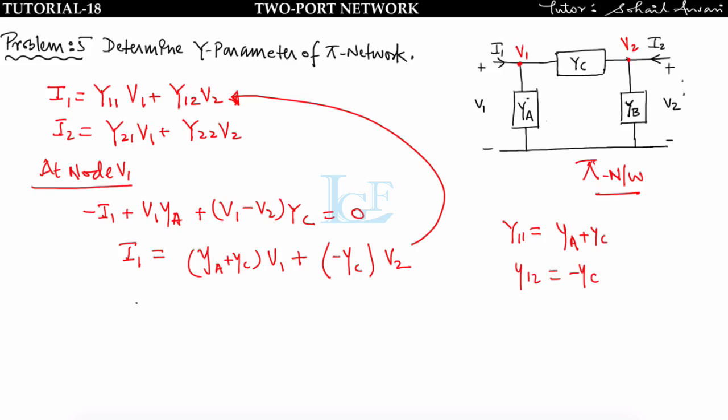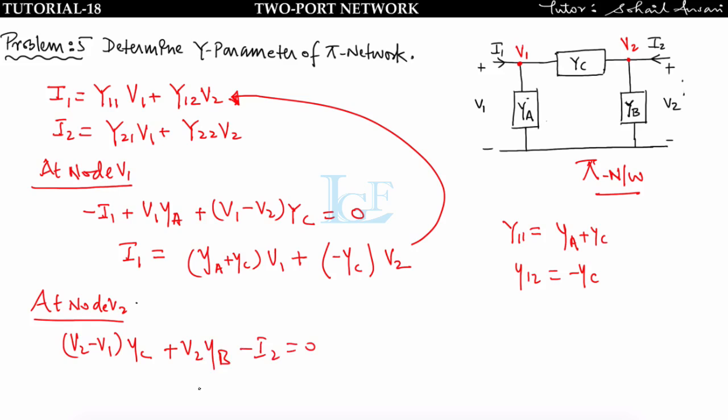Similarly, apply nodal equation at node V2. V2 minus V1 into YC plus V2 YB minus I2 is equal to 0.